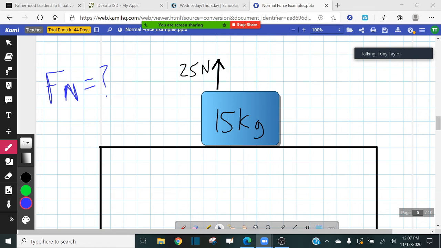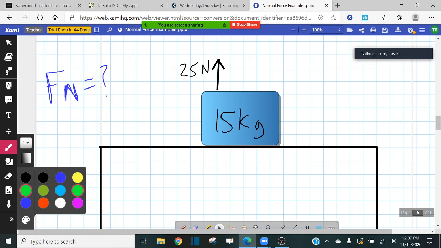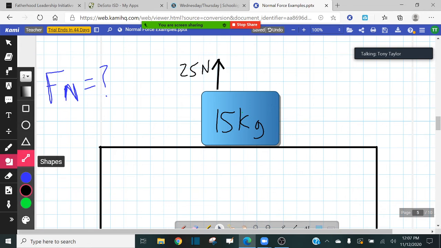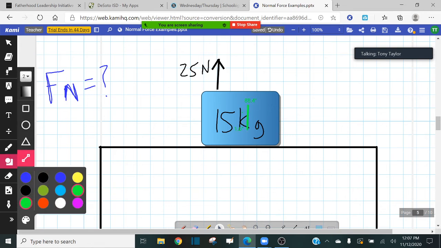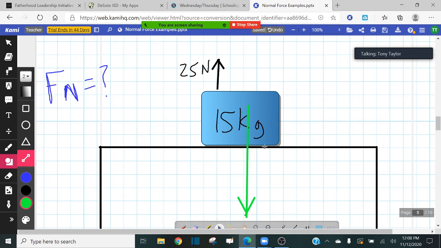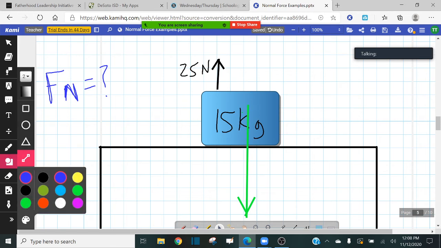We know for sure gravity is acting on the box because as long as the box is here on Earth, gravity is pulling it downward. So there's a force of gravity. And also, guys, there's a normal force because the surface of this table is pushing up on the box.